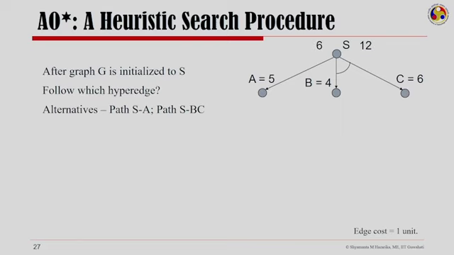If I start at A, I add 1 edge cost to this, so I will have 5 plus 1, 6. If I take the 2 connector option, then I have 4 plus 6, 10 plus 2 because of the 2 connector, that gives me a value of 12. Given these two values, I will definitely follow the path S to A.